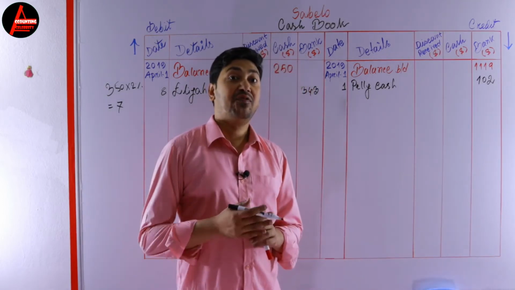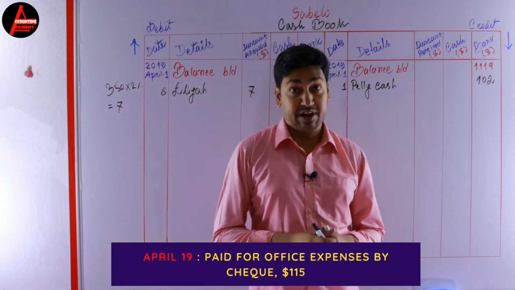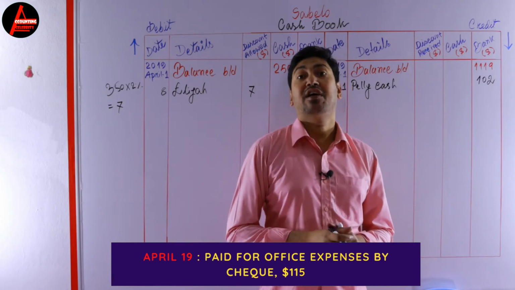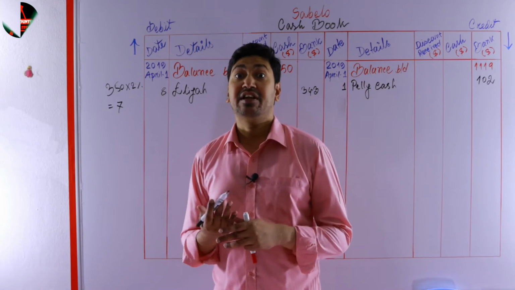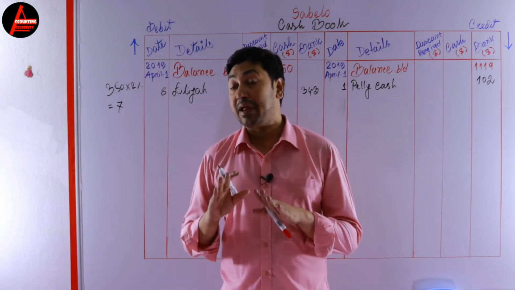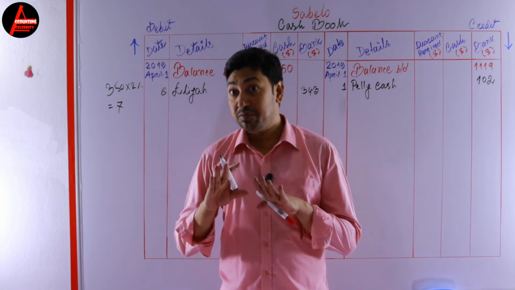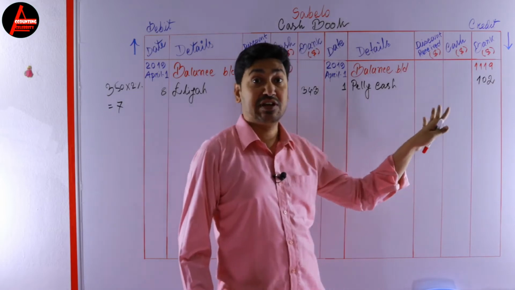Okay, next we have transaction 19, paid for office expenses by check $115. This transaction will come because it is more than $90. So we paid, that means money goes out, our bank balance will be decreased. I told you if it is decreasing, you have to record in the credit side.